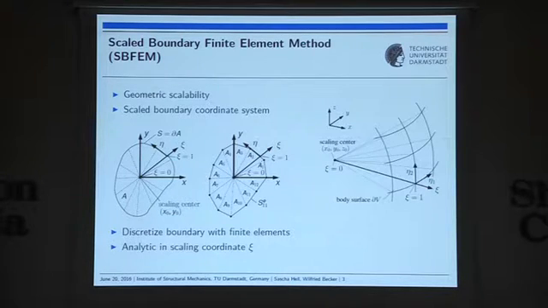The same procedure can be equally employed for 3-dimensional bodies, but now we have 2 boundary coordinates eta 1 and eta 2, and accordingly have to introduce 2-dimensional finite elements on the boundary. Mathematically, this means that we can use a separation of variables approach, as we can see here, with finite element shape functions N in the boundary coordinates eta 1 and eta 2, and functions in the scaling coordinate xi.